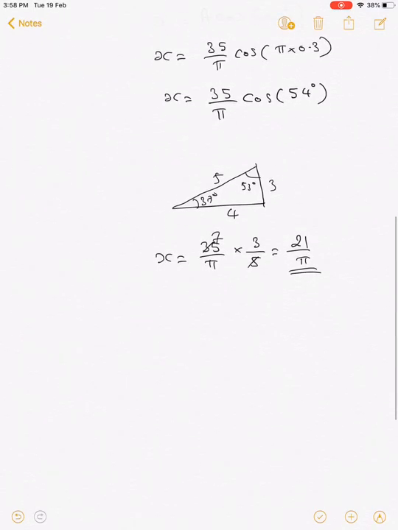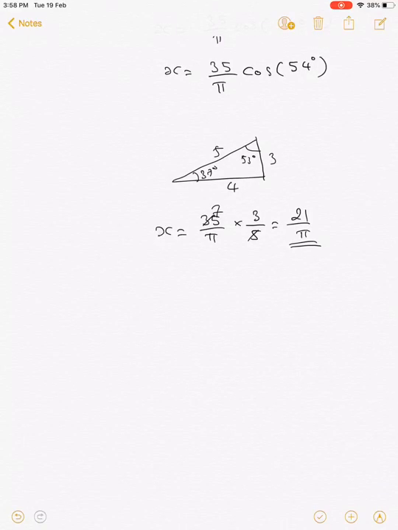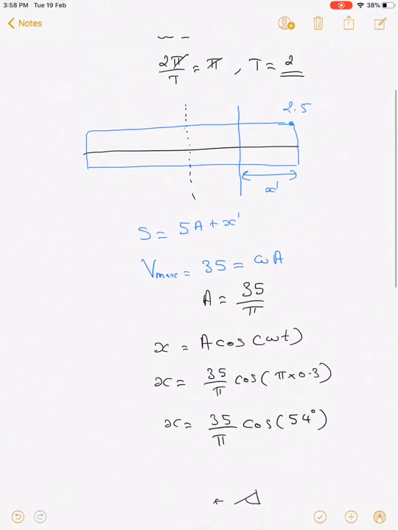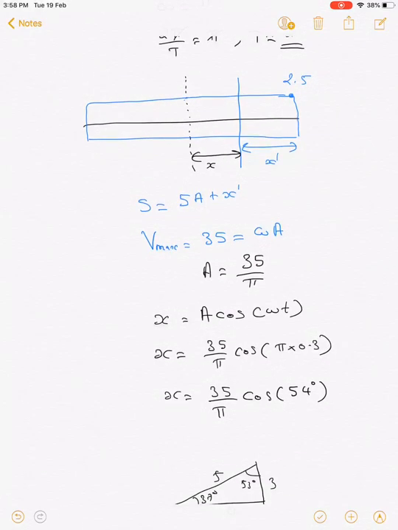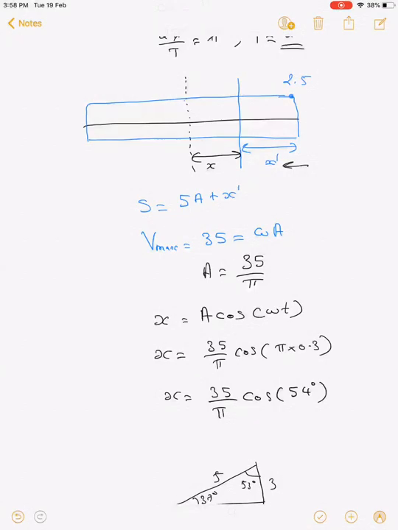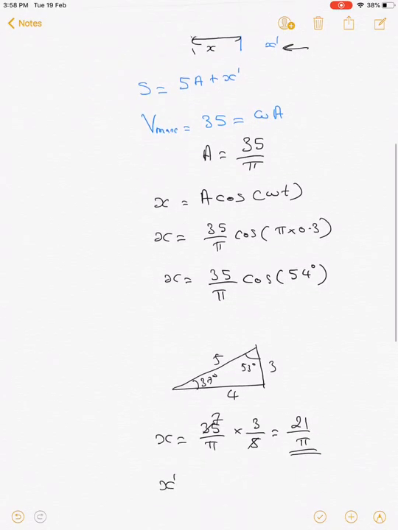Just remember that this x is the displacement from the mean position, and our aim is to find the value of x dash. So x dash can be written as A minus x.